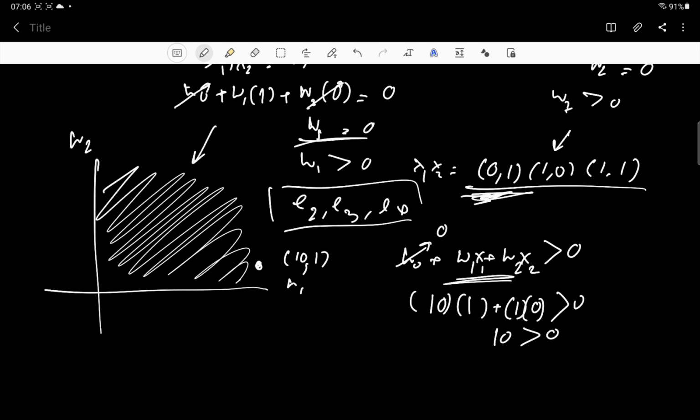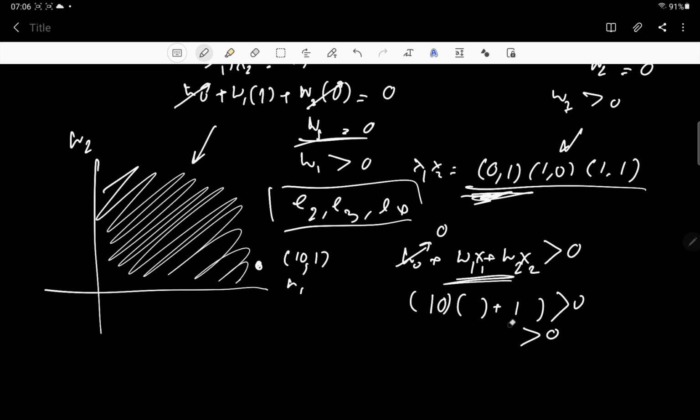Oh, sorry guys. For the first one, maybe it's incorrect. For the first one, x1 is 0, x2 is 1, right? So this time, this will be 1. 1 greater than 0, that is true. I'll go to the next one.